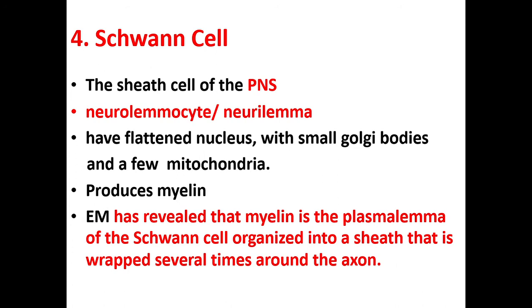In electron microscopy, it has been revealed that myelin is the plasmalemma of the Schwann cell organized into a sheath that is wrapped several times around the axon.